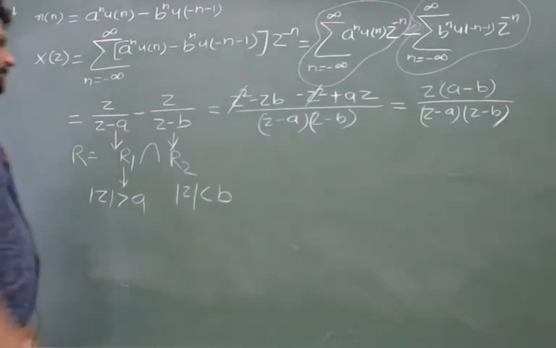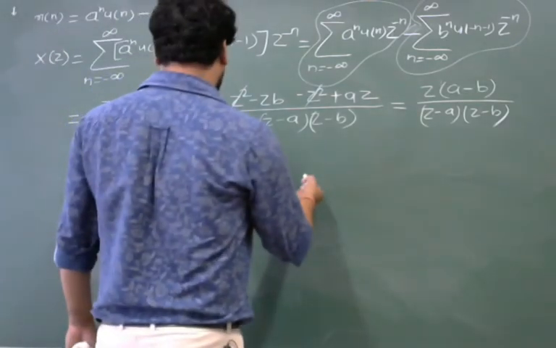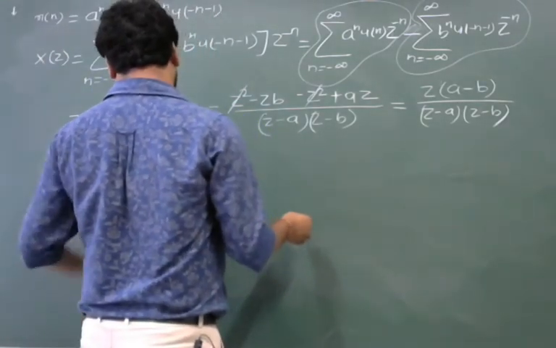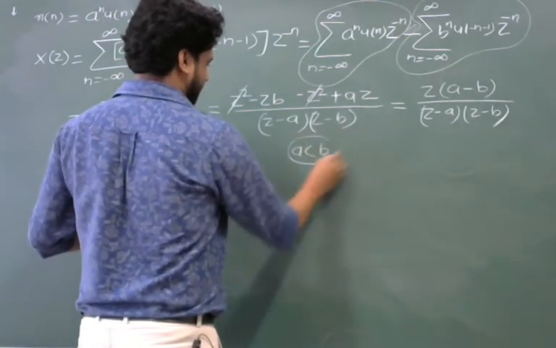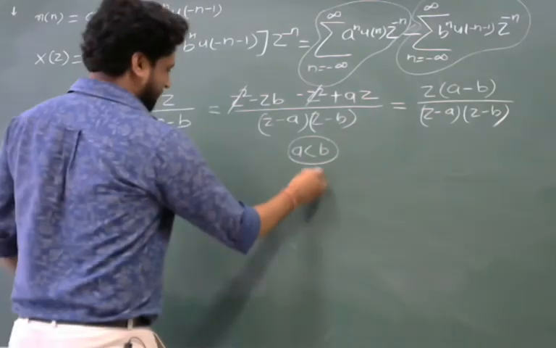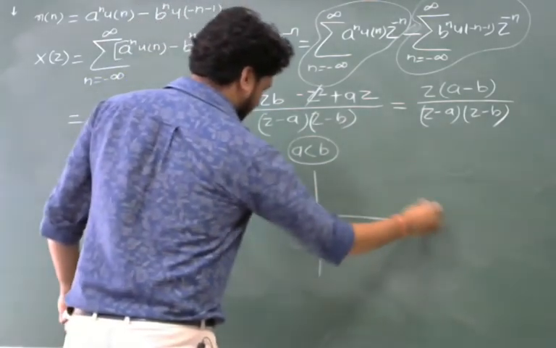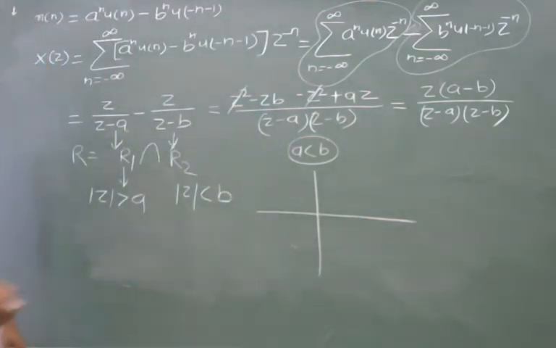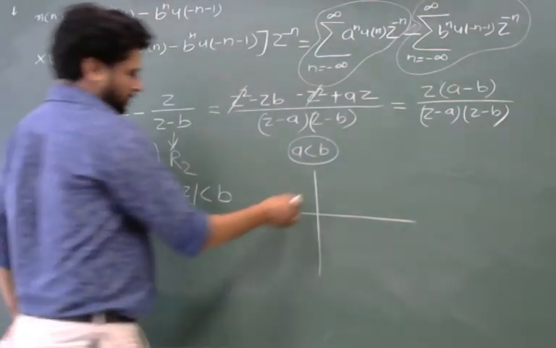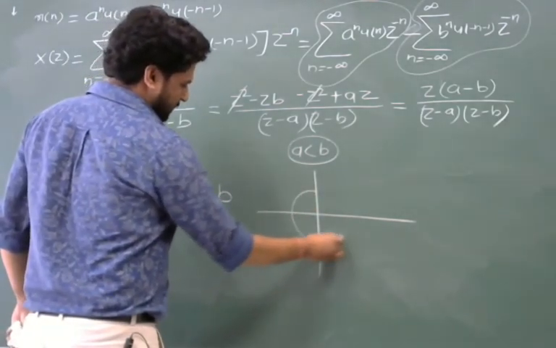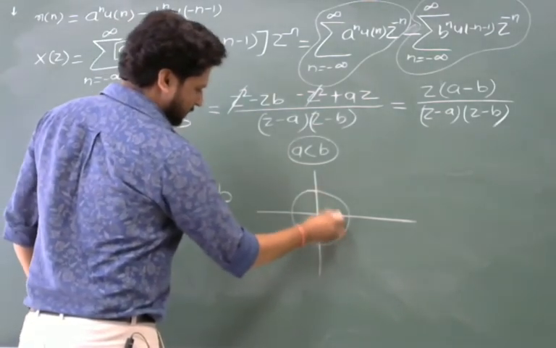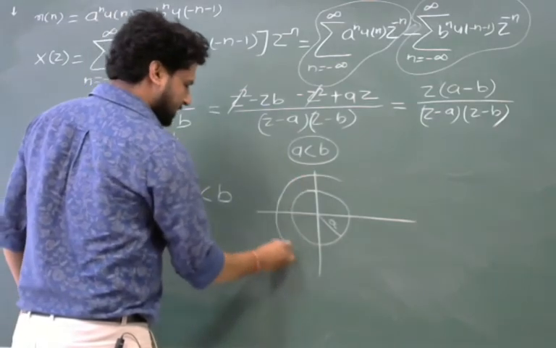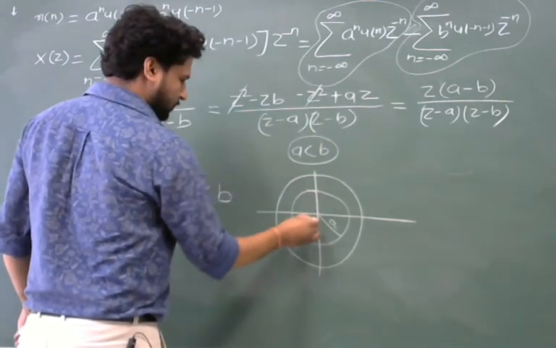For that purpose, we will consider two cases. First, when a is less than b, we will draw two circles having radius a and b respectively. This is the circle having radius equal to a, and there is another circle having radius equal to b.